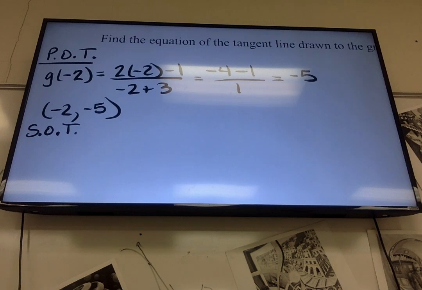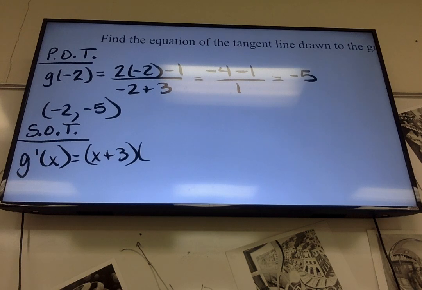Next, slope. For this, I need the derivative. So I have to find the derivative of g of x. Again, low d high minus high d low, square the bottom and away we go. Low is x plus 3.